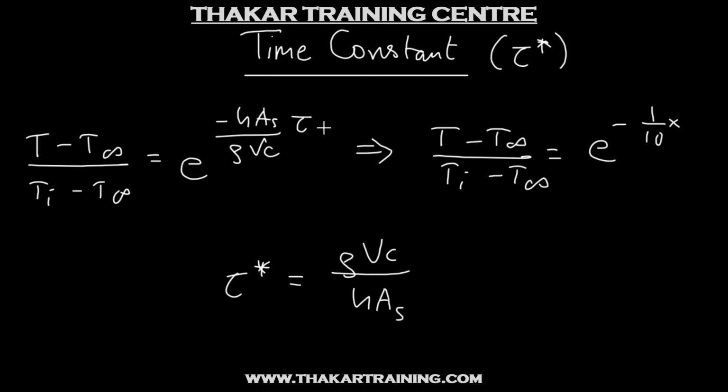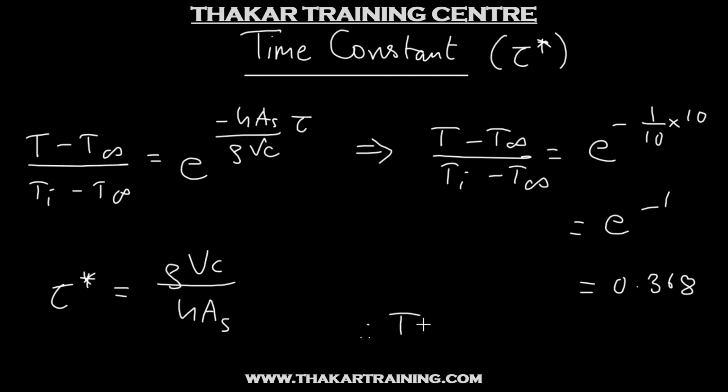Now we substitute tau equal to 10 seconds, so what we get is e raised to minus 1, which is approximately equal to 0.368. So this gives T minus T infinity is 0.368 times Ti minus T infinity.